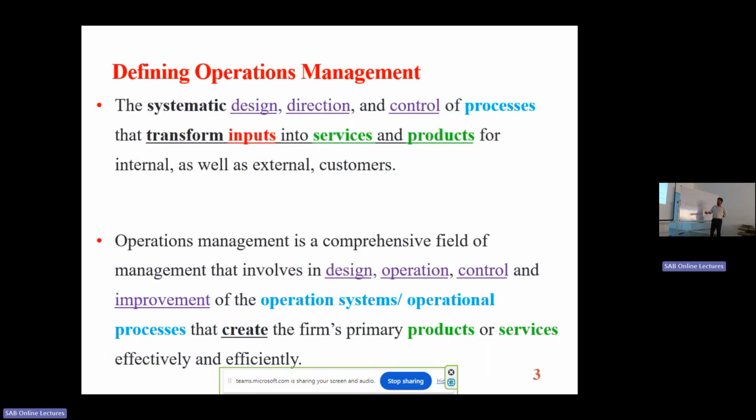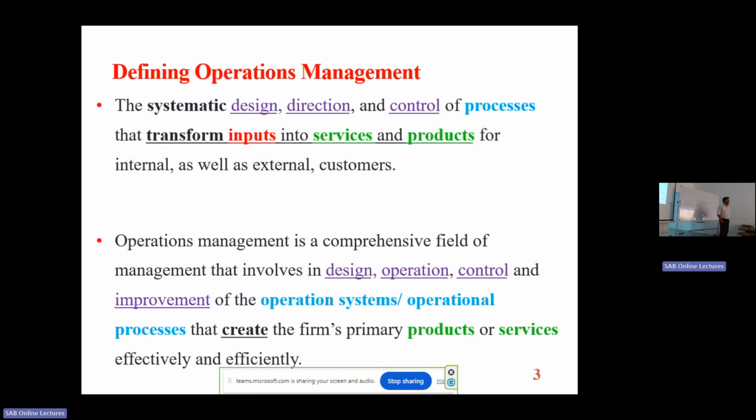In addition to these two, it involves what we call improvements. It involves making improvements to the operation system as well. Designing, operating and controlling, plus making improvements. Making improvements to the processes, to the operation systems.